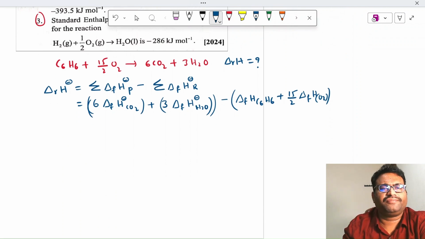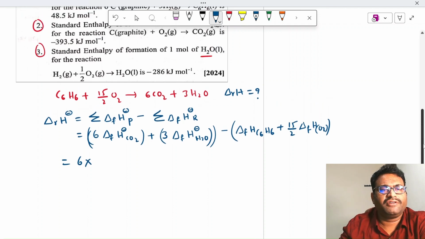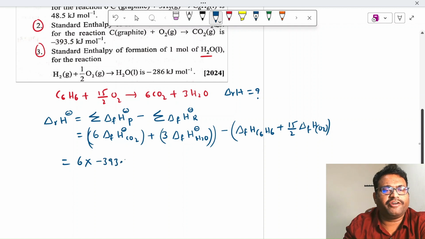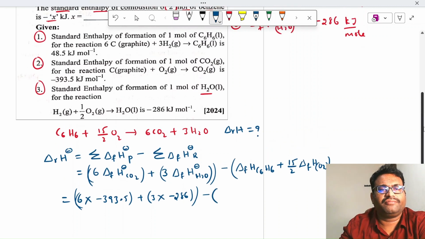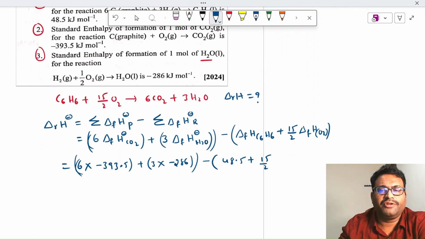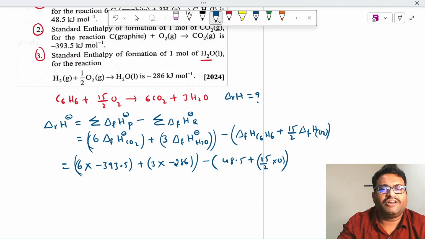So this is how we need to calculate. It is equal to 6 into enthalpy of formation of carbon dioxide, which is given as minus 393.5, plus 3 into enthalpy of water, minus 286 kilojoule per mole, minus the enthalpy of benzene, given as 48.5 kilojoule per mole, plus 15 by 2 into 0.